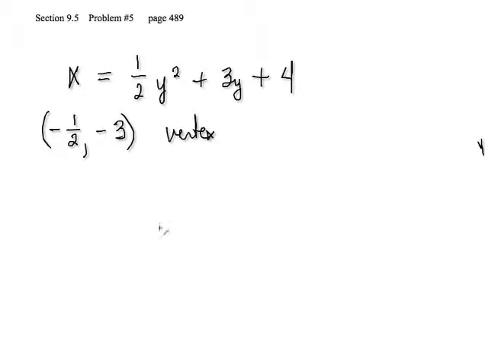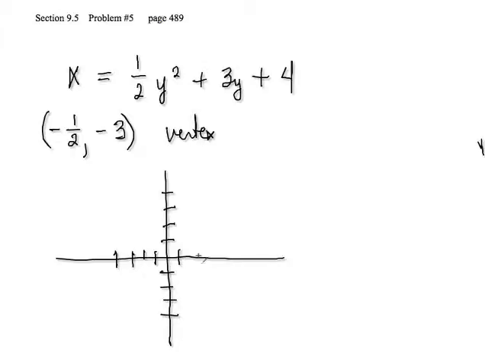Just thinking about it, x is -1/2, so it's going to be about right here, and then down 3: 1, 2, 3. So it's going to be about right there. That's the vertex, and it's going to open right.